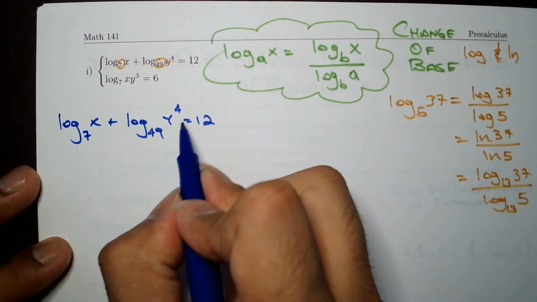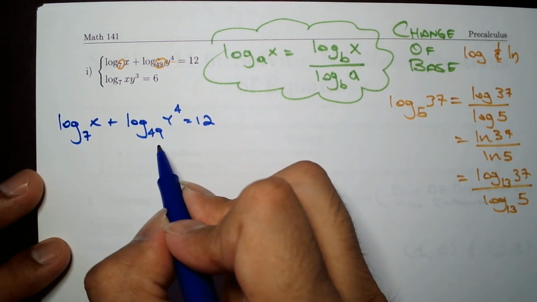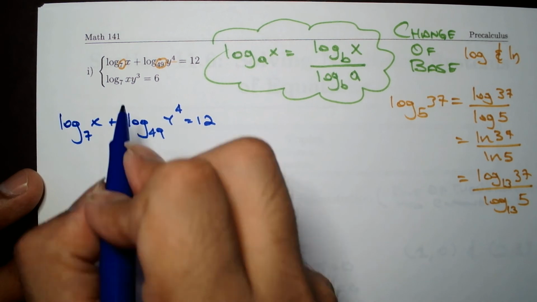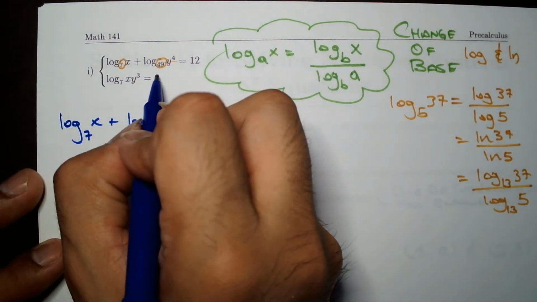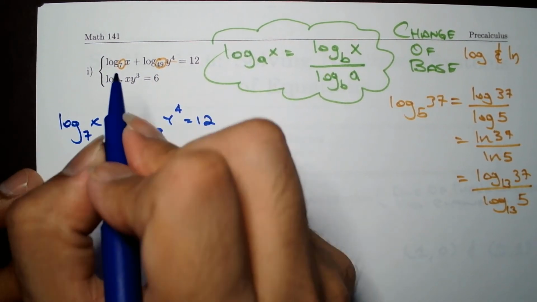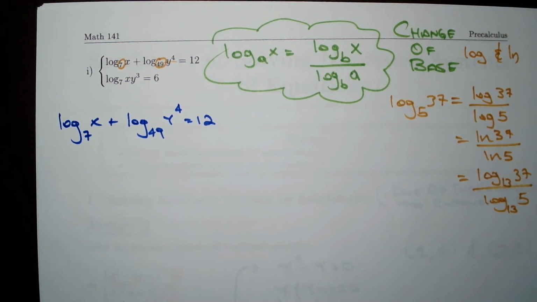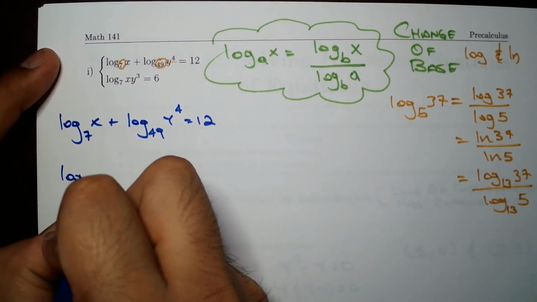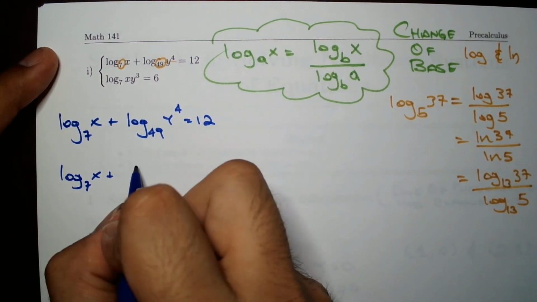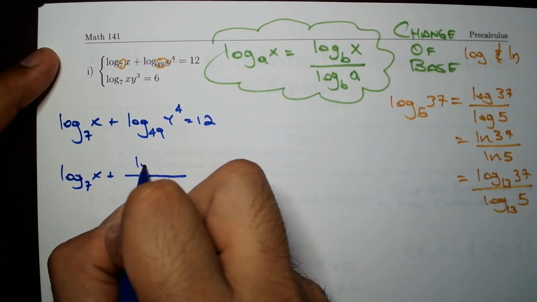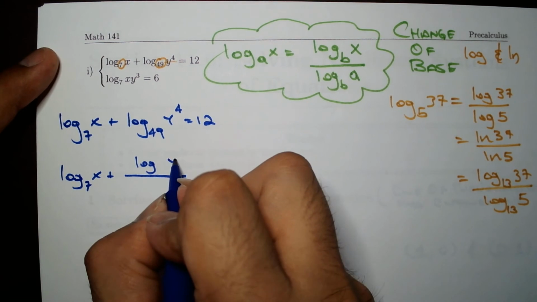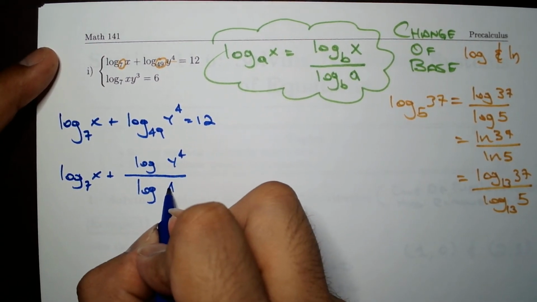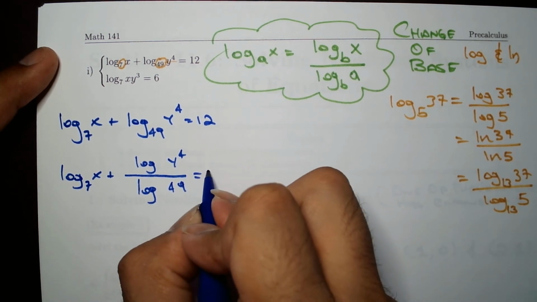So I'm going to rewrite this log base 49 in a simpler form into log base 7. The reason why I do that is because the other equation also has log base 7. So log base 7 of x plus log of y to the 4th over log of 49 equals 12.